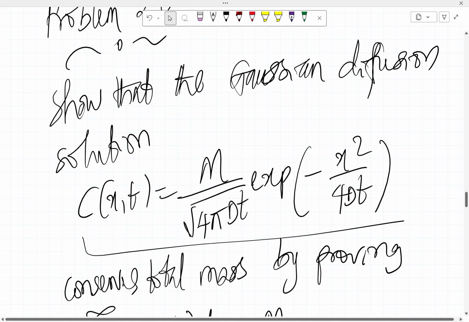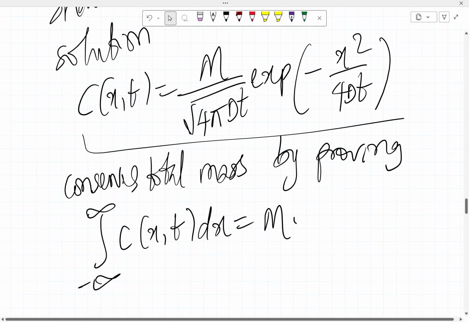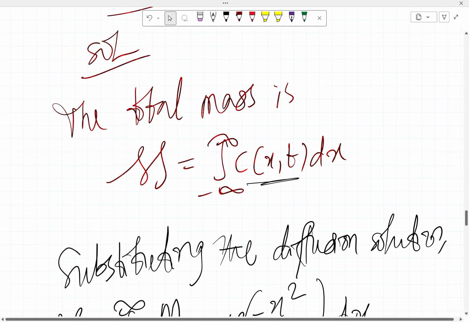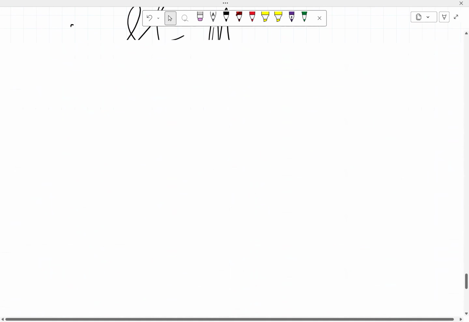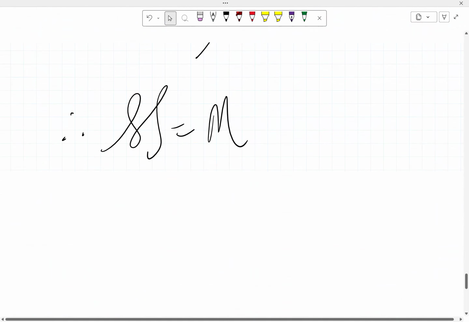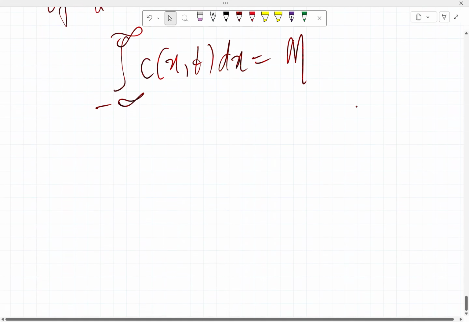If you go to the question, show that the Gaussian diffusion solution conserves total mass by proving that, yeah, we have been able to prove this now, that this is equal to this. So it conserves total mass by proving that. So that has been proven. So the total mass is independent of time, and we have all that.